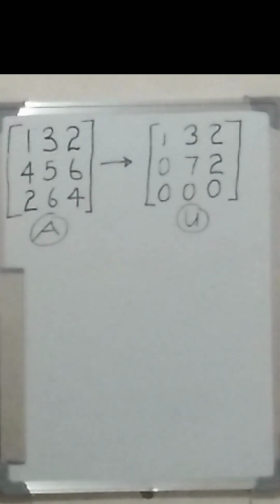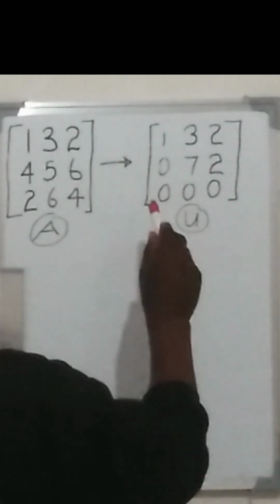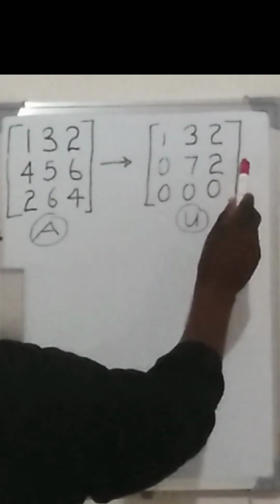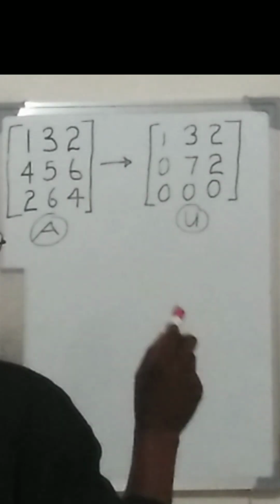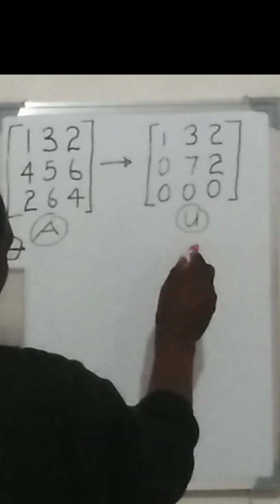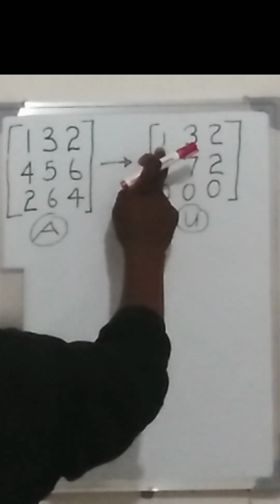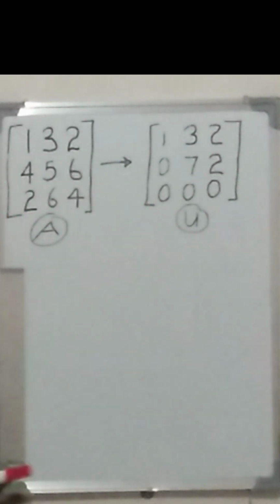Now, when we look at our matrix U, it consists of a row of zeros and two non-zero rows. In other words, row number 1 and row number 2 are the two non-zero rows of matrix U. Now, the first digit in each non-zero row, in other words, the digit 1 here and the digit 7 here, are called leading variables or pivots.